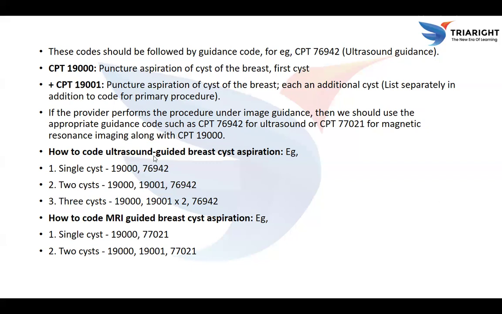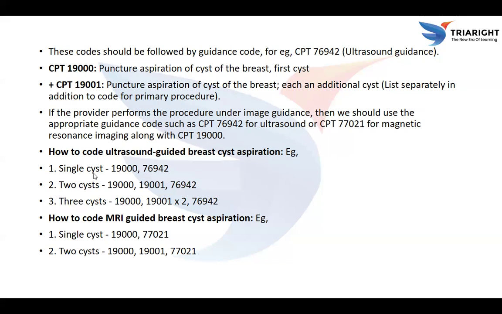So you have to add on the codes. Both 19001 and the guidance codes 76942 and 77021 are always add-on codes. They are always listed after and in addition to the primary procedure code, that is 19000.